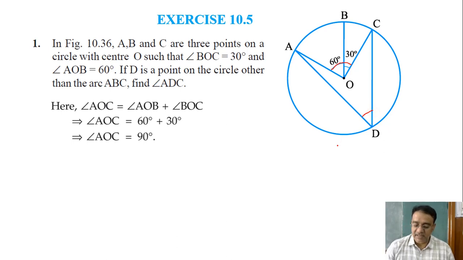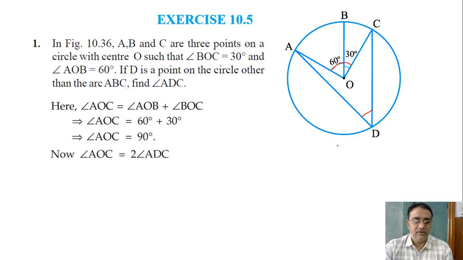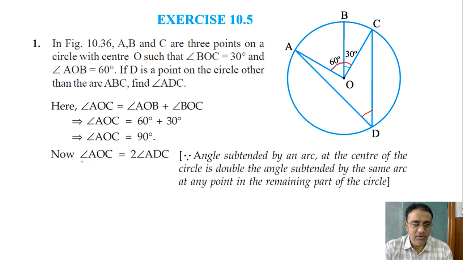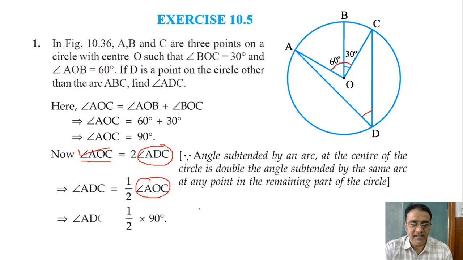The statement is that the angle subtended by an arc at the center is double the angle subtended by the same arc at any point on the remaining part of the circle. So the value of this is 90 degree. We can write angle ADC is half of angle AOC. Now substitute angle AOC, that is 90 degree, and half of 90 degree is equal to 45 degree.